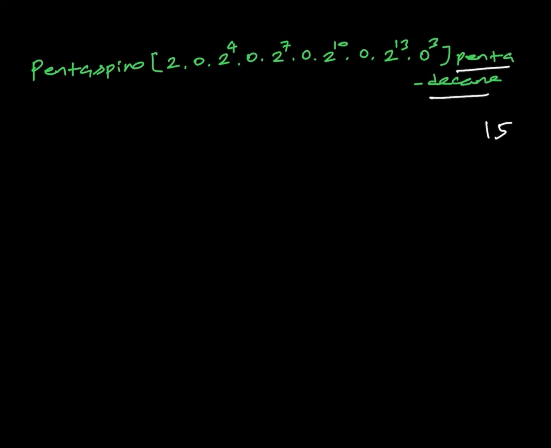That means 15 carbon atoms in total. So let's start. 2 means we have a 3-membered ring. So let's draw the 3-membered ring first. 1, 2, 3, and 0 means one spirocarbon connected to another spirocarbon.